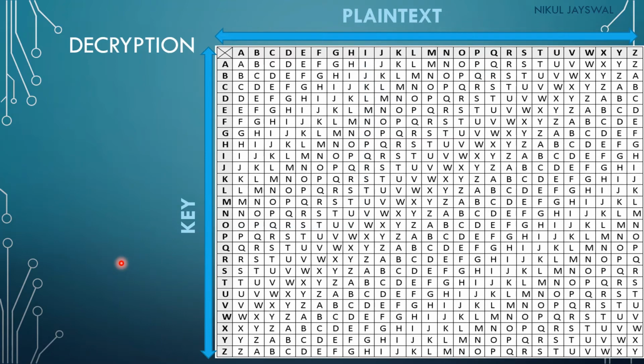Now for the decryption, same, this will serve as the key and this will serve as the plain text. So first we will take the key. The key is C and the ciphertext is J. So we will take the key C, and we will find the ciphertext J in that row of the table, and we will see which is the plain text.